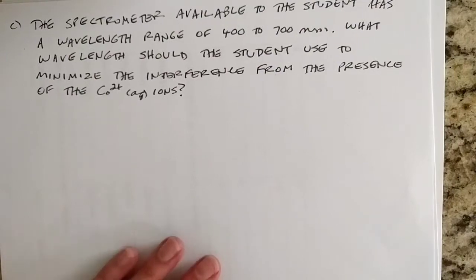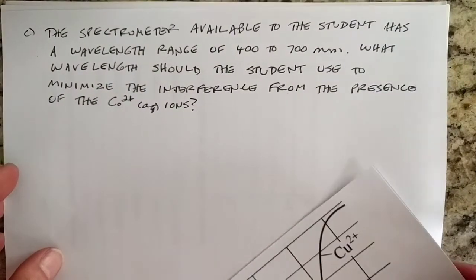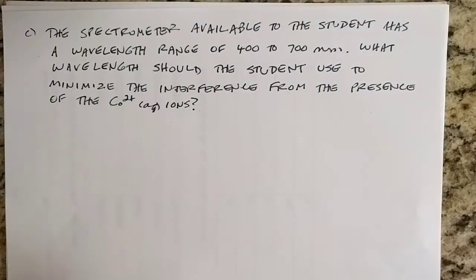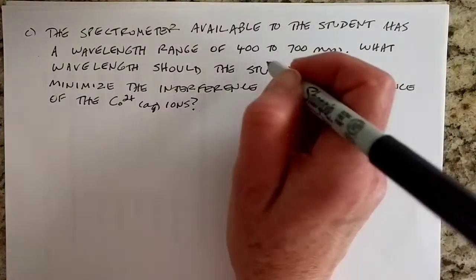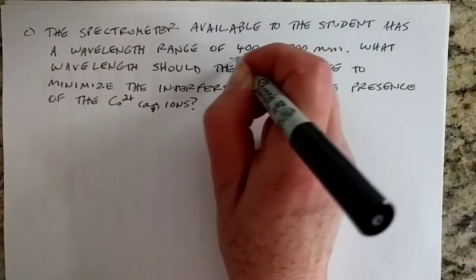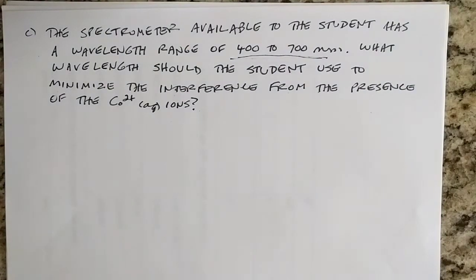And we're going to use this to answer the question. So our question says, the spectrometer available to the student has a wavelength range of 400 to 700 nanometers. What wavelength should the student use to minimize the interference from the presence of the cobalt 2+ ions?